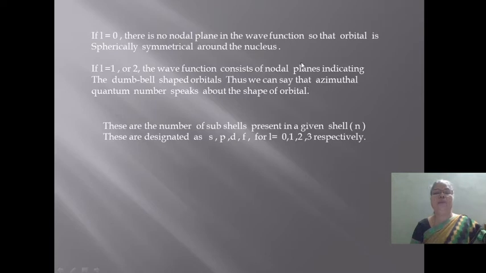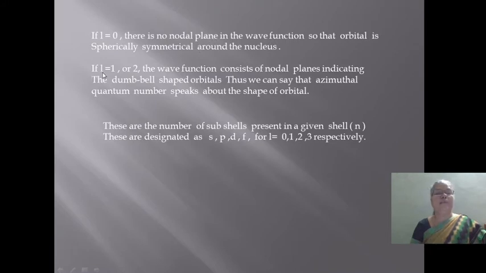The azimuthal quantum number or angular quantum number signifies the shape of the orbital, and it is represented by letter l. When l equals 0, there is no nodal plane in the wave function, so the orbital is spherically symmetrical around the nucleus.